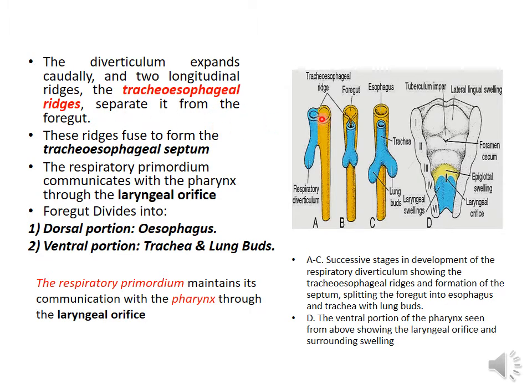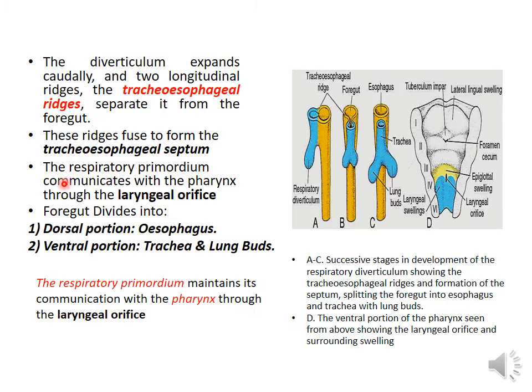These are the ridges. They appear here in this figure. This is one, and this is the second one. These ridges fuse, forming the tracheoesophageal septum here. This septum will separate the esophagus from the trachea.